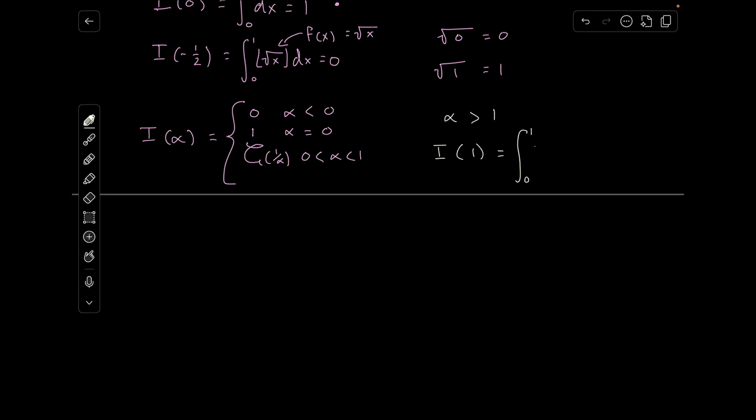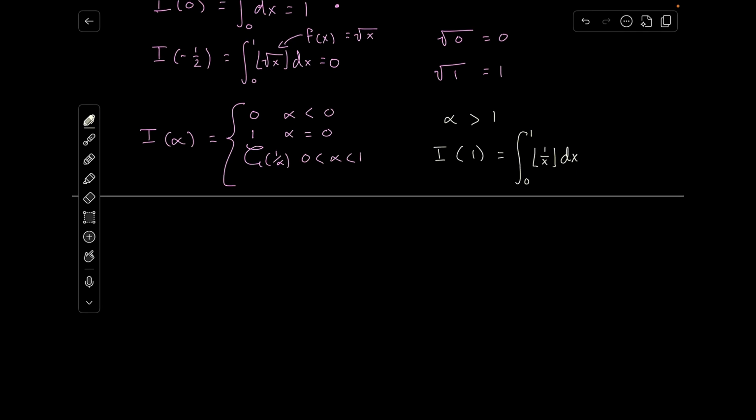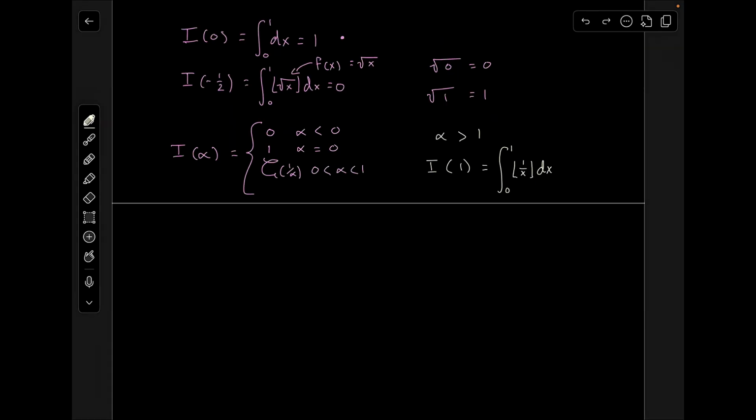Obviously for 1, we'll get the floor function of 1 over x, which is undefined, I believe, because as this function goes to 0, you blow up to infinity. And I'm 99% sure, yeah, that's divergent. So that is undefined. I think I of 2 would also be undefined.